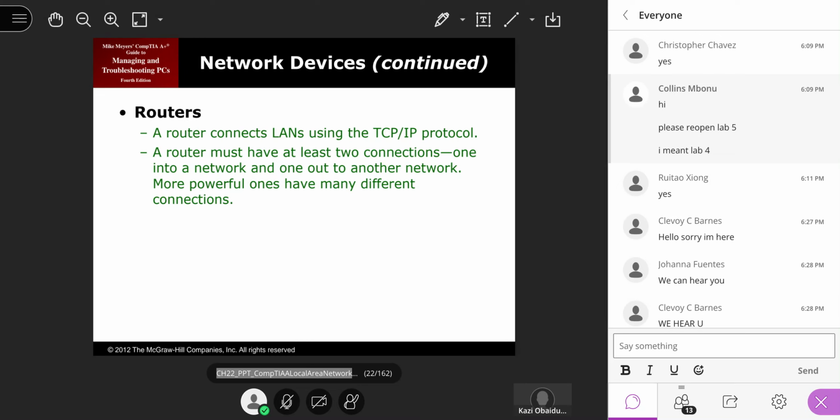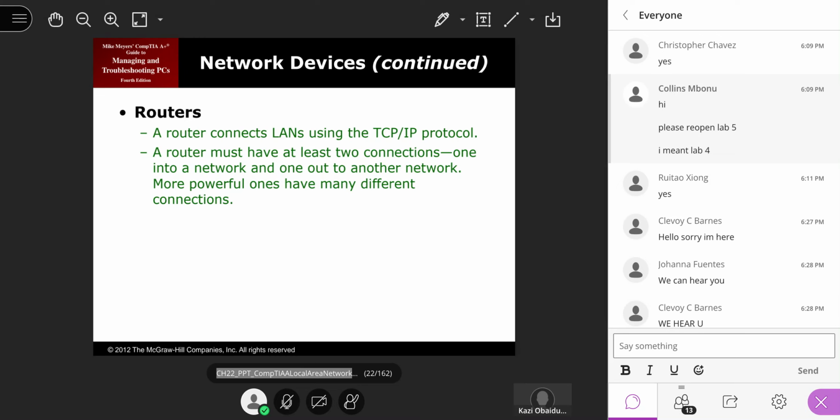Router is very important then, right? Router connects LANs. Many LANs connect using the TCP/IP protocol. Look, TCP/IP protocol means that it's related with the router. A router must have at least two connections, one into a network and one out to another network.